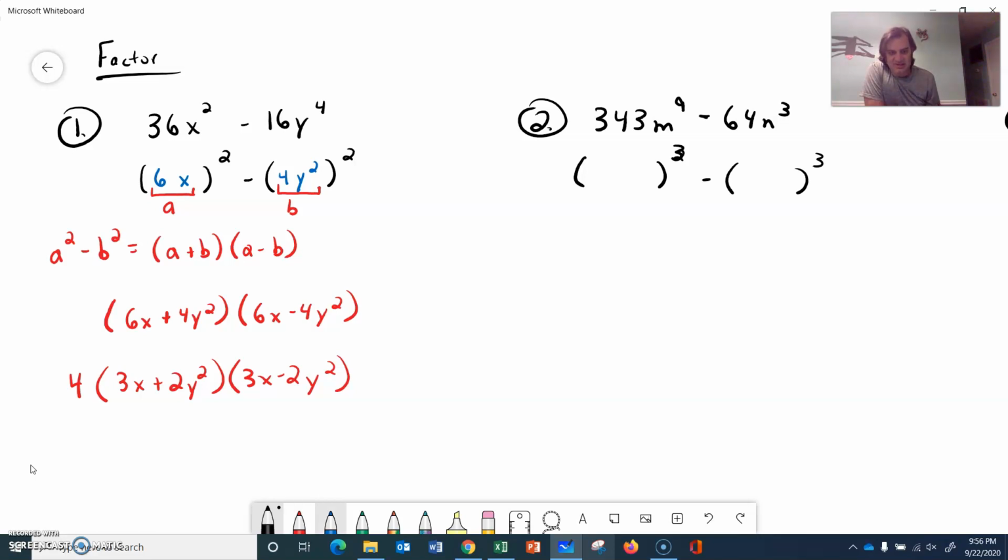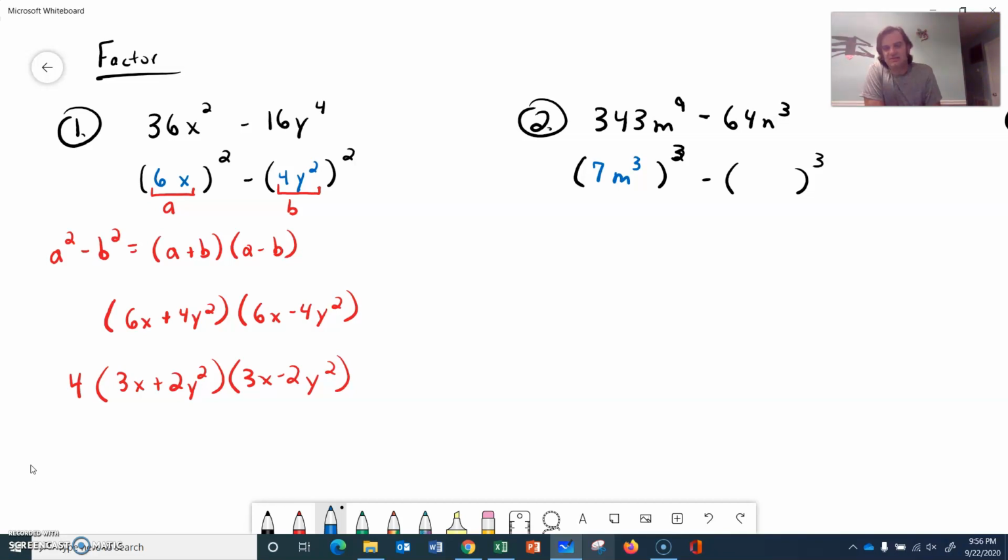But it might take a little bit of work to figure out what you've got here because you might not be familiar with these numbers. But the cube root of 343 is 7, I believe. You can try that on a calculator or do a factor tree. Cube root of m to the ninth, if you say 3 into 9, you'll get 3 times, so 7m cubed.